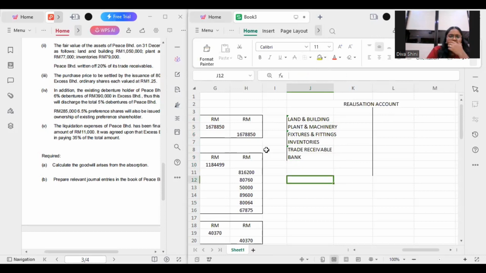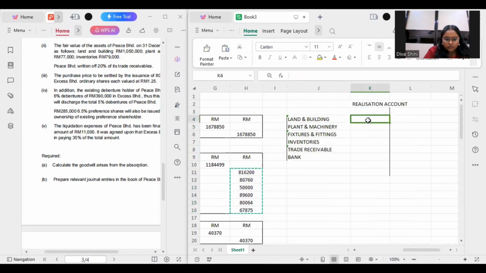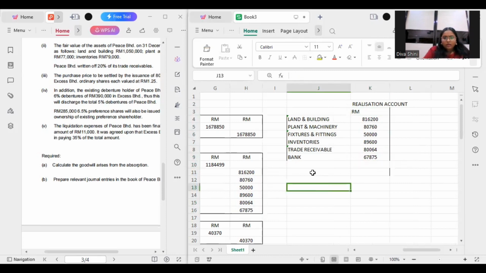Okay, and then we need to take the amount also from journal 2. And then we need to do the credit side, which is we need to take the amount from journal 1 and journal 3.